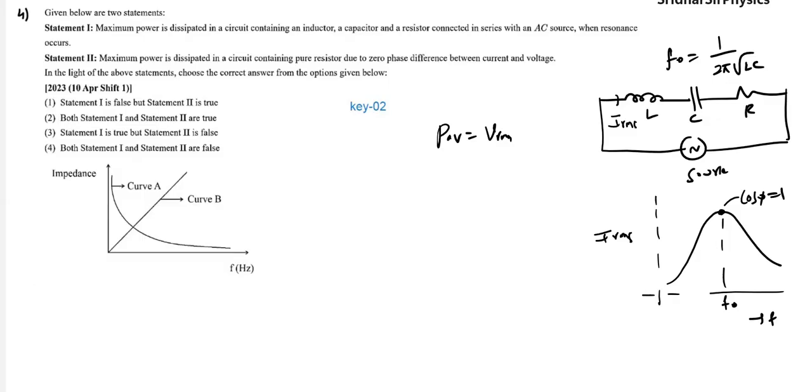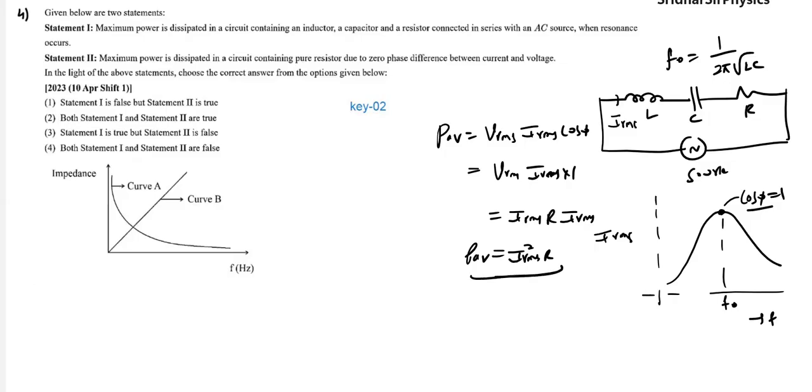In general, in an AC circuit there is a formula: P equal to VRMS IRMS cos phi. Agreed? At resonance, what is the power factor? Equal to 1. So VRMS, IRMS into 1. Or VRMS equal to IRMS into R, into IRMS. So this is IRMS square R.